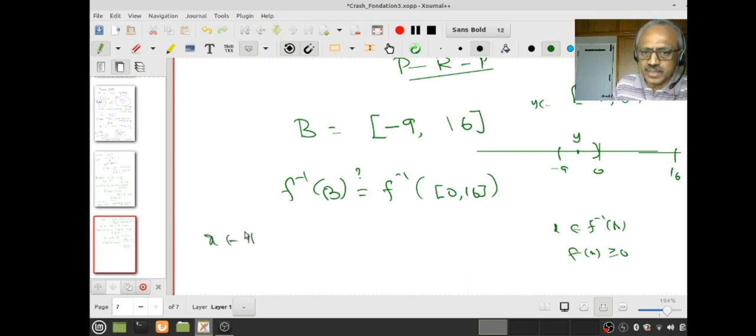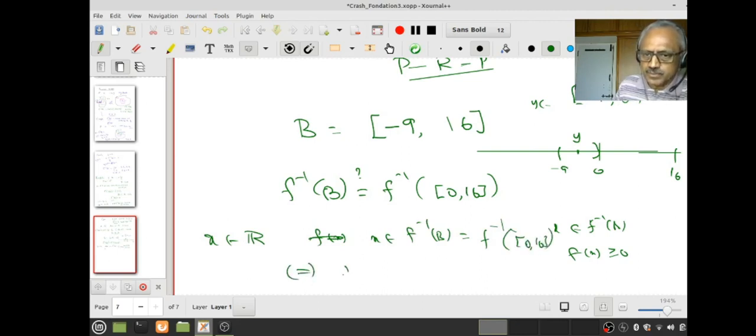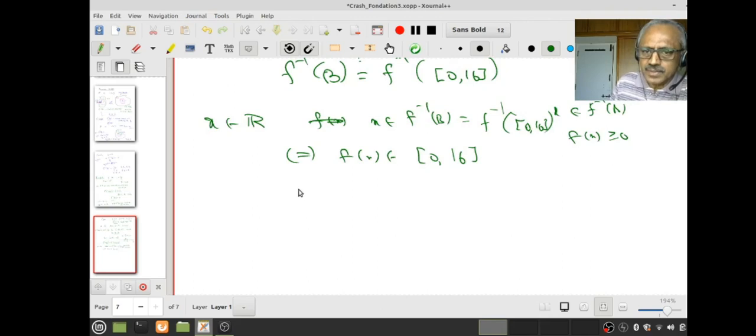Give me a real number x in R such that f(x), okay, x belongs to f inverse B, which is the same as f inverse of this [0, 16]. That happens if and only if f(x) belongs to [0, 16]. Where does that happen? There is an obvious thing. f(x) is x squared. x squared must be in [0, 16].